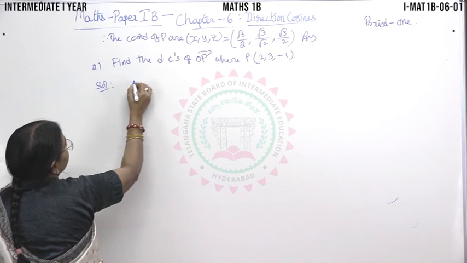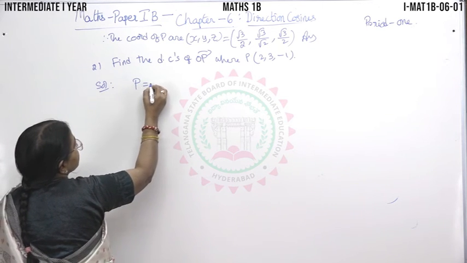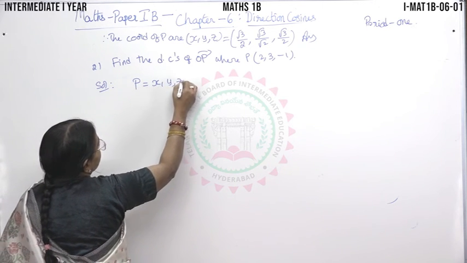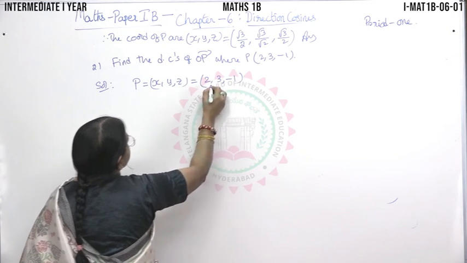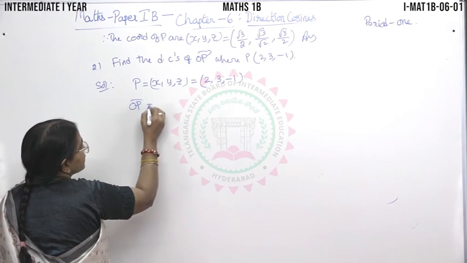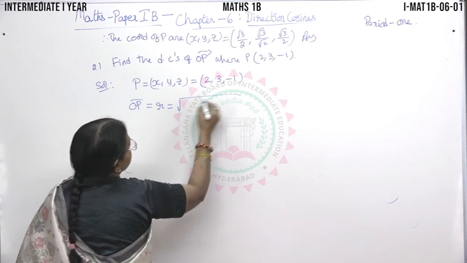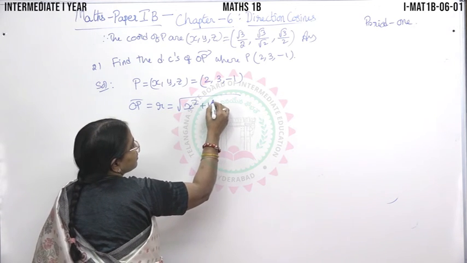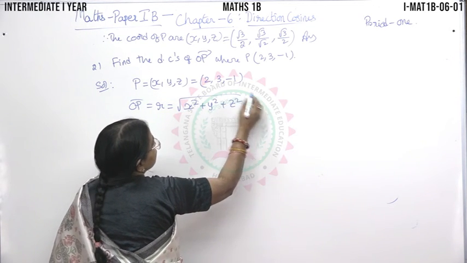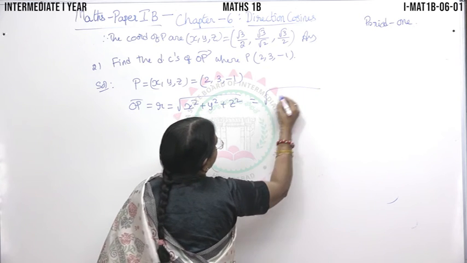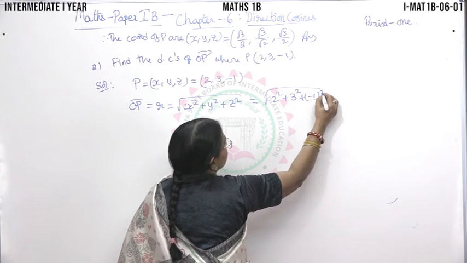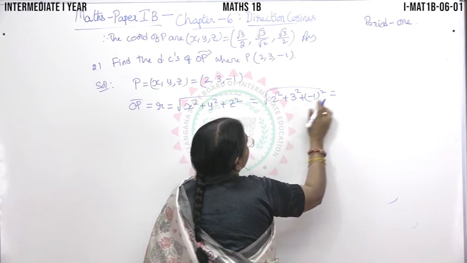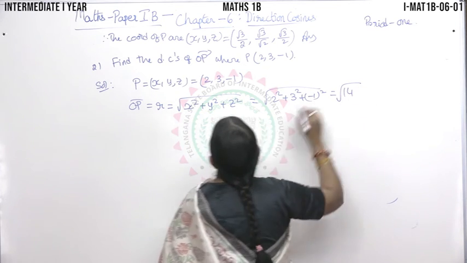You are given OP coordinates, those are actually x, y and z in our notation, 2, 3, minus 1. Now we'll find OP distance, that is R. R is root of x square plus y square plus z square. So root of 2 square plus 3 square plus minus 1 whole square, that is 14. So this is root 14.